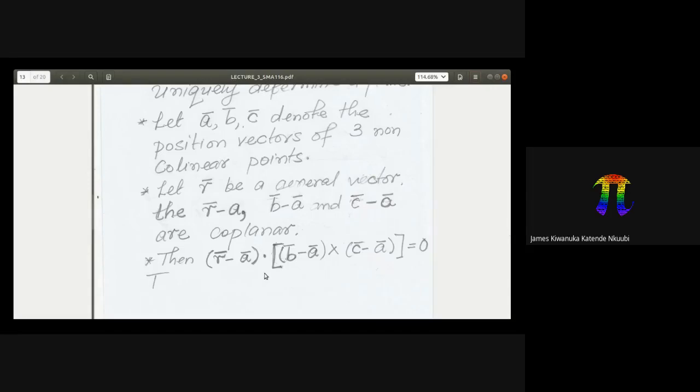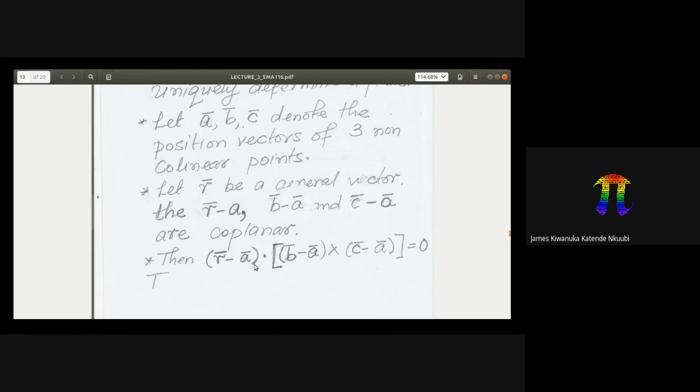We saw earlier that if you have 3 vectors on a plane, the volume of the parallelepiped formed by the 3 vectors is 0. So the volume will be R minus A dot B minus A cross C minus A, and this should be equal to 0 because they're all on the same plane.